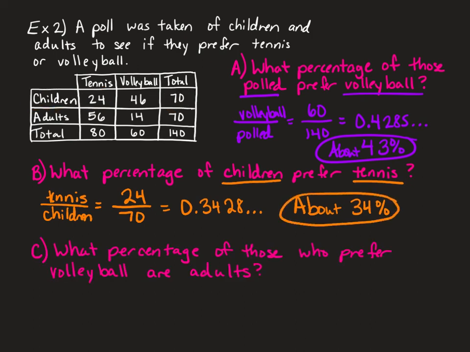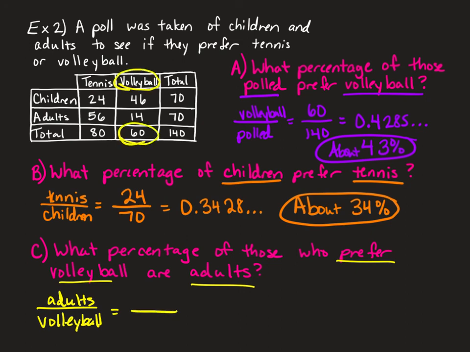Part C, what percentage of those who prefer volleyball are adults? So we're going to find out of those who chose volleyball, how many of those were adults? So we go to the column for volleyball and go all the way down to the total, and 60 people chose volleyball.